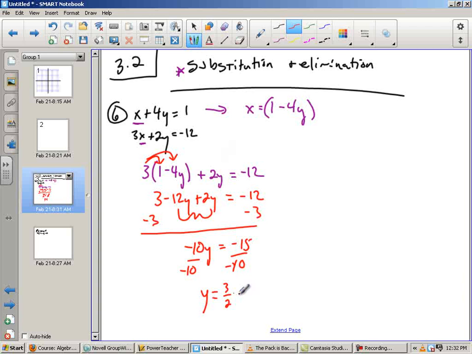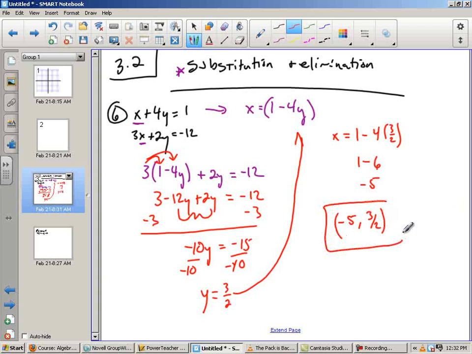Now I need to know my x value, so I'm going to take this right back up here and substitute again. x equals 1 minus 4 times 3 over 2. Well, 4 times 3 halves is actually 6, so I get 1 minus 6, and 1 minus 6 is negative 5. So my answer is negative 5, comma, 3 halves, and that is, of course, an ordered pair solution.